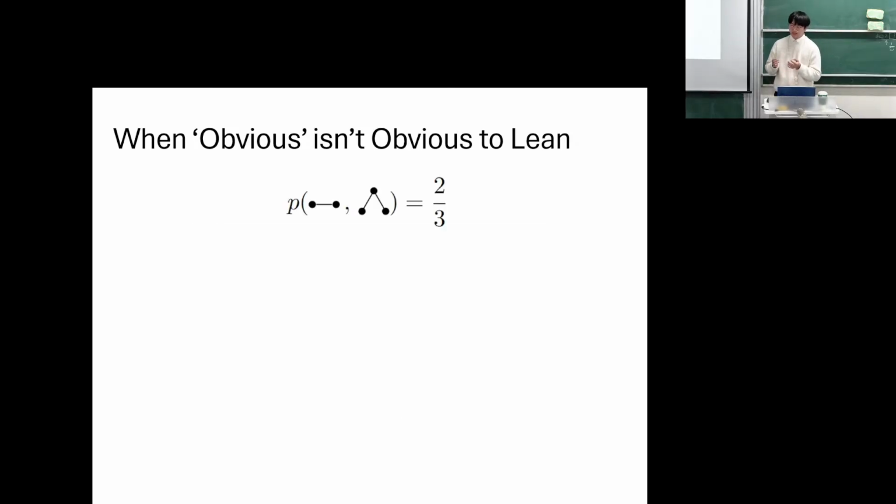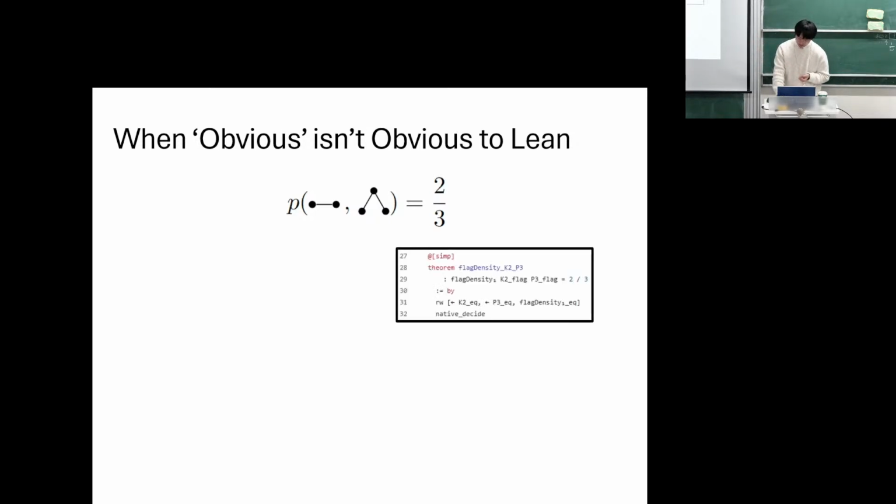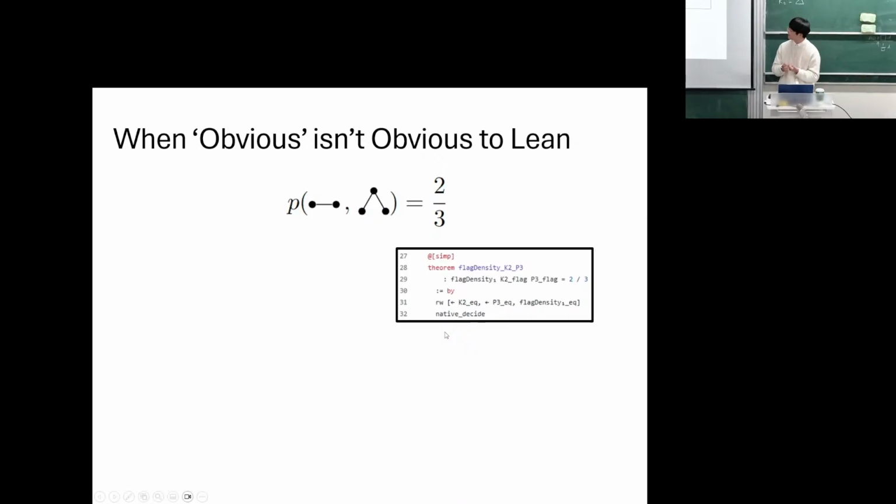So depending on which proof style we choose, the length of the code needed to prove the subgraph density calculation changes significantly. Using the enumerative proof, as you can see on the slide, the proof becomes quite simple. Just order Lean to compute and compare the result value.